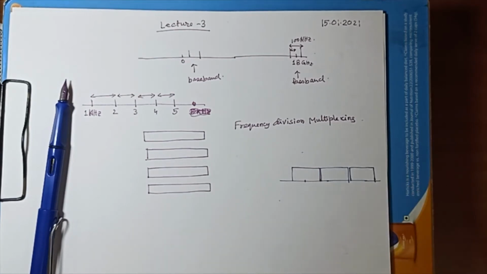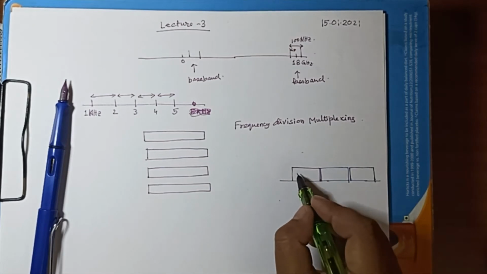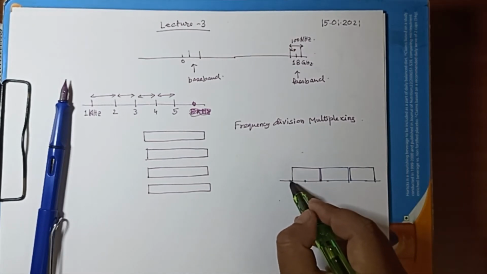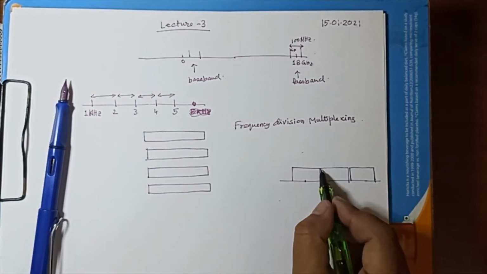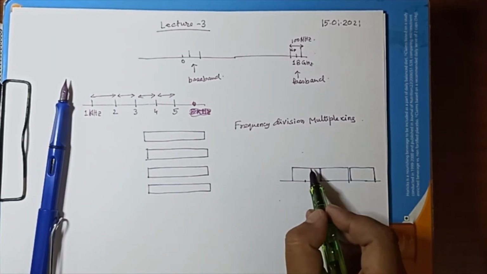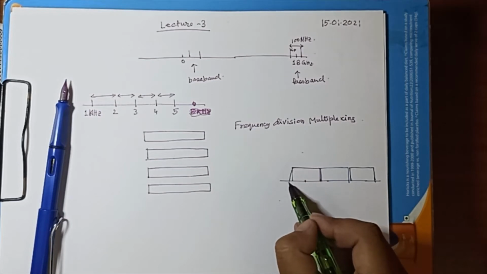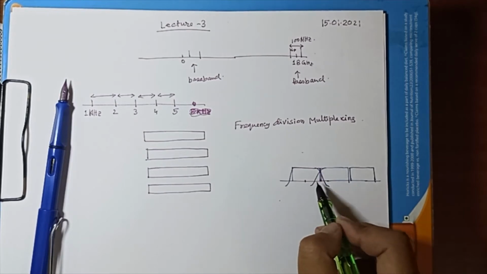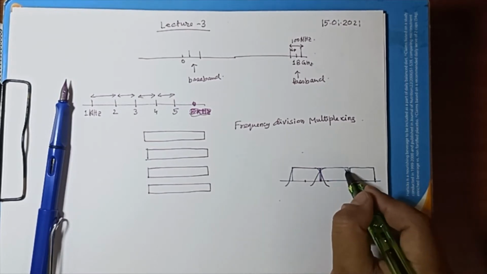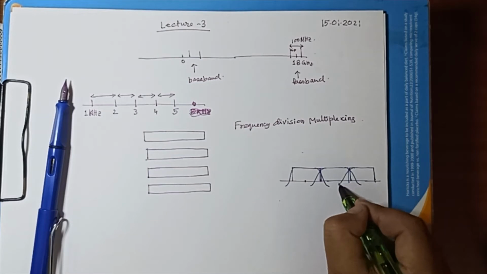Okay. If there is no overlap, that is well and good, but suppose there is some spillover of the signal you are trying to send. Since these bands are not really non-overlapping, these filters have some physical roll-off, and if you do not have enough separation, then there will be some overlap of these filters.